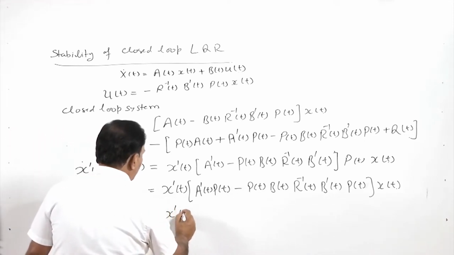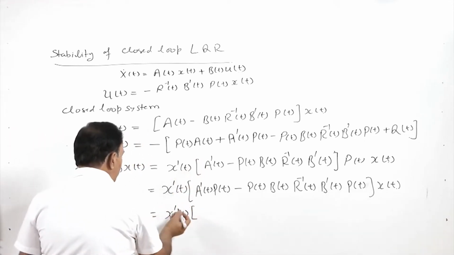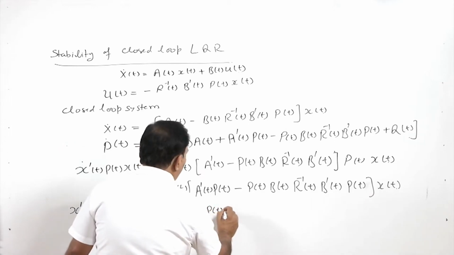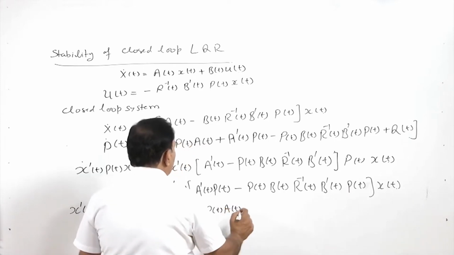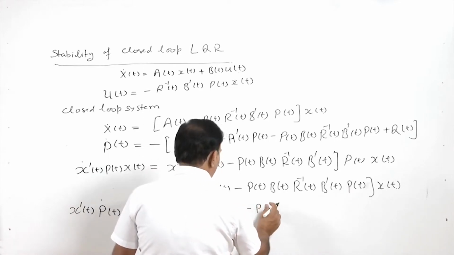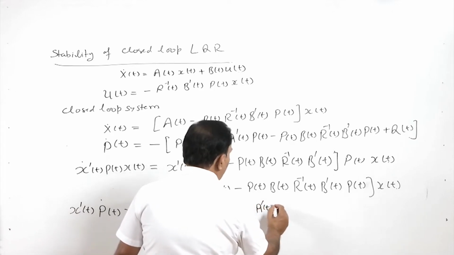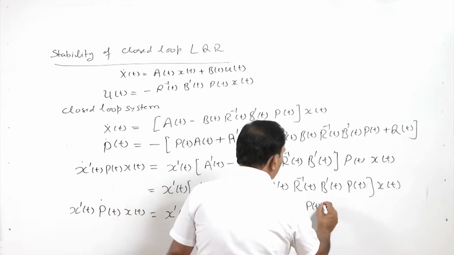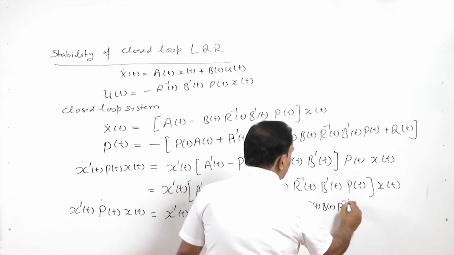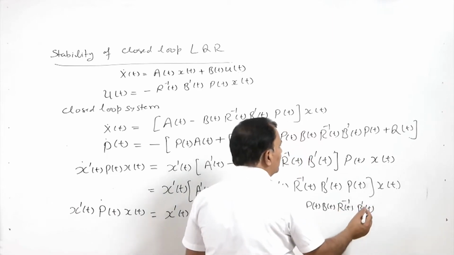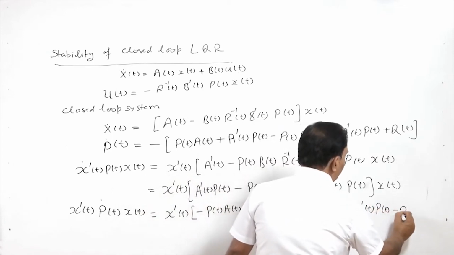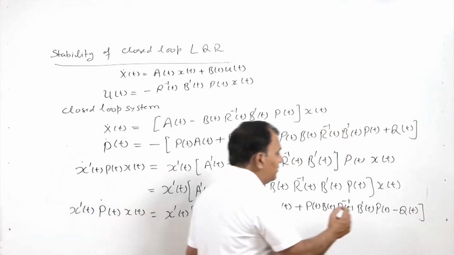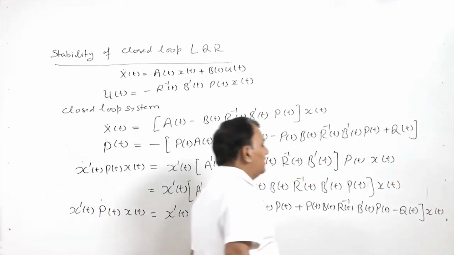So, this is x transpose of t and p dot I will write as minus pA minus A transpose p, this minus will become plus p B R inverse B transpose Pt minus Qt into the last term x, nothing but my xt.